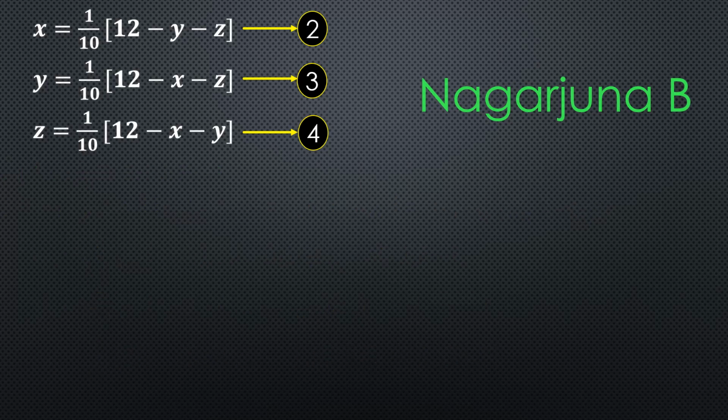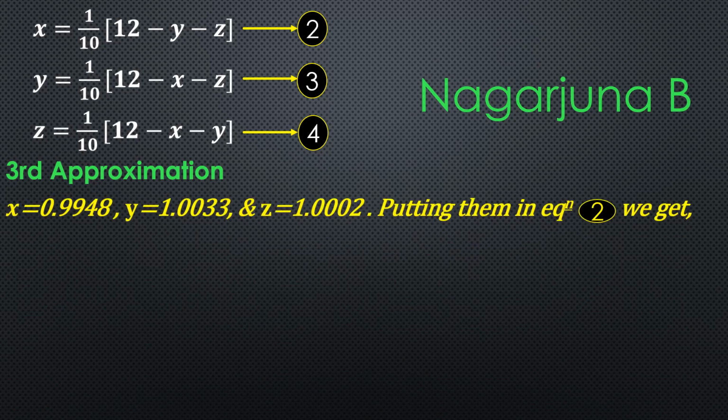We shall repeat the finding of x, y and z values for the third iteration, that is the third approximation. To calculate the third approximation, we consider the values of x, y, z which we got in the second approximation. Those values are x is equal to 0.9948, y is equal to 1.0033 and z is equal to 1.0002.